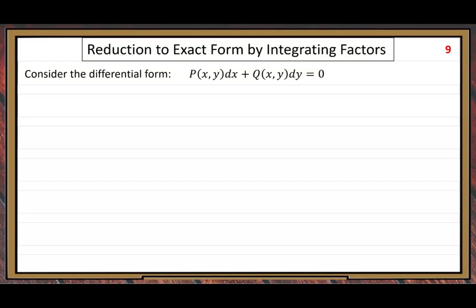You may ask me, why do we use the symbols P, Q here? In the previous differential form we used M and N. The reason is pretty simple. When we use P and Q, we expect this form is not exact. Then we multiply another function called the integrating factor on them to make the differential form exact.